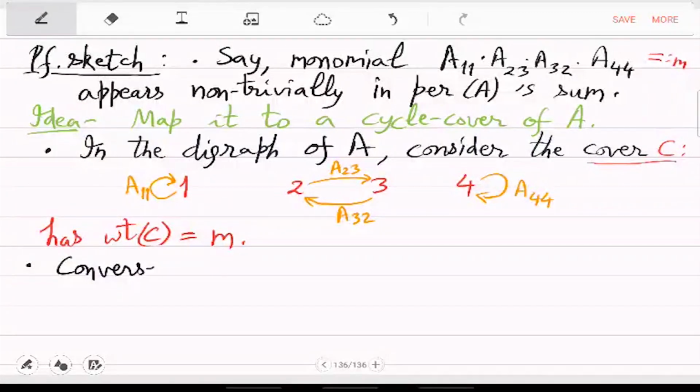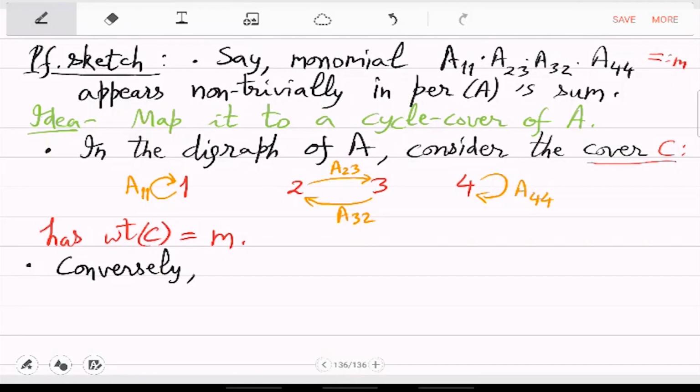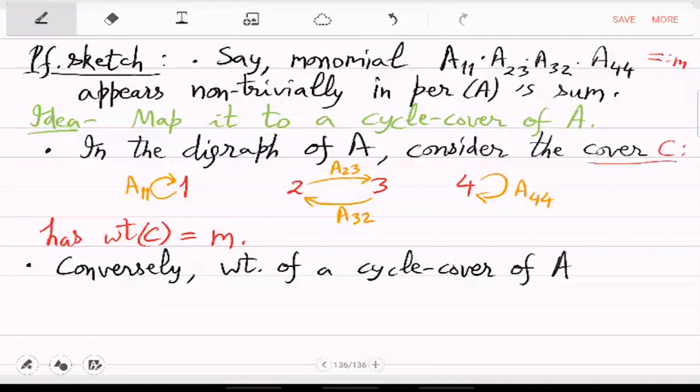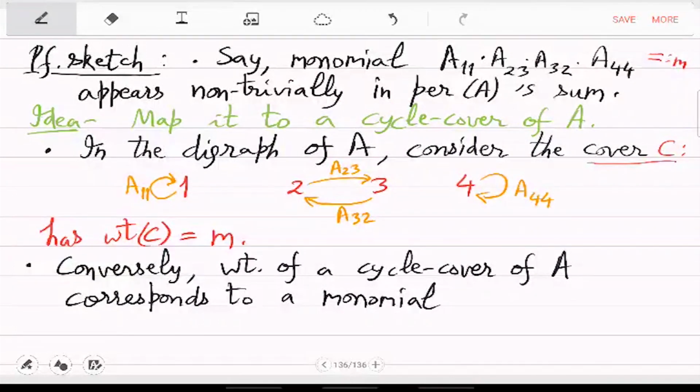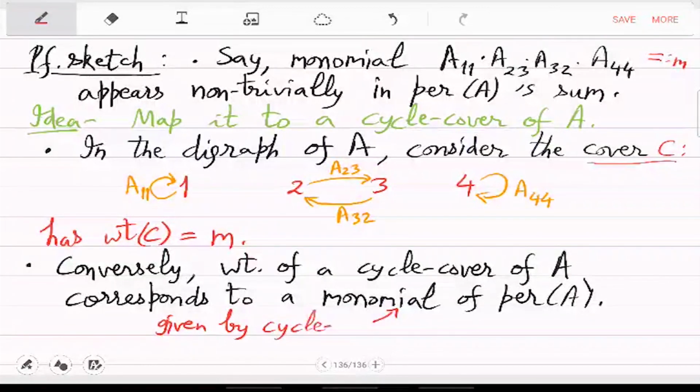And conversely, every monomial in the permanent on the left hand side has a cycle cover contributing on the right hand side, and every cycle cover of A corresponds to a monomial of the permanent of A. This is given by the cycle decomposition also.